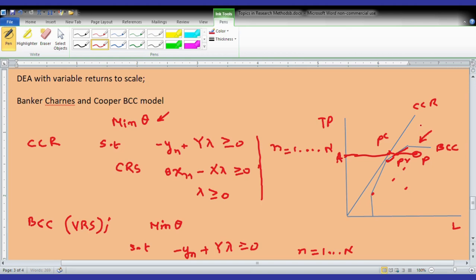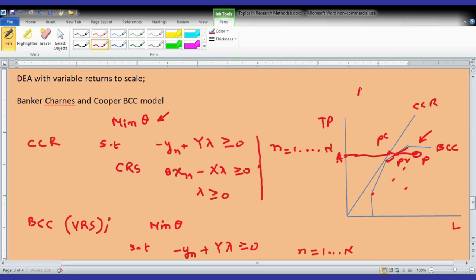If we are having a CCR model, then the technical efficiency will be in terms of the distance of the point P from this vertical axis relative to point PC.